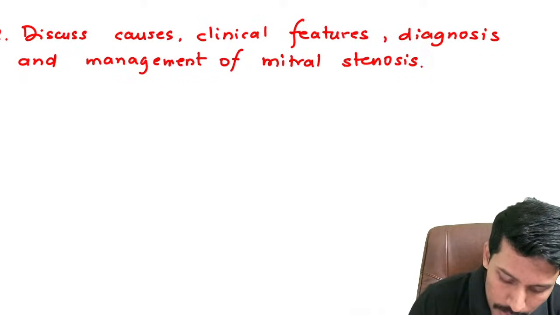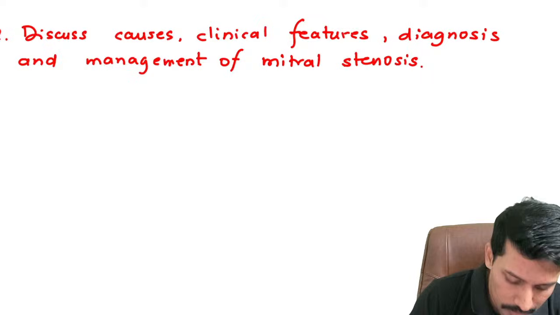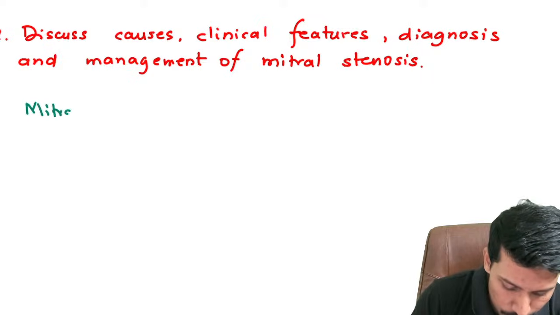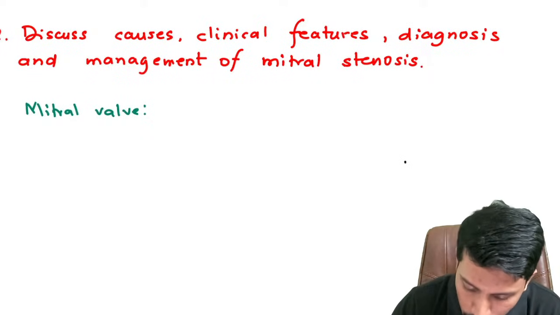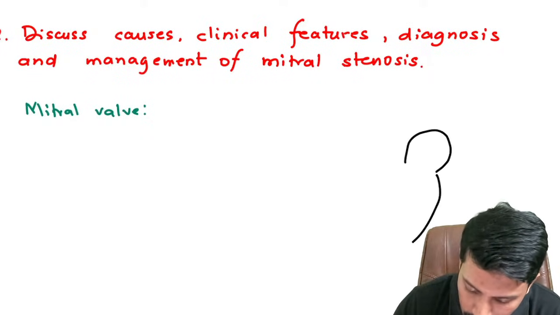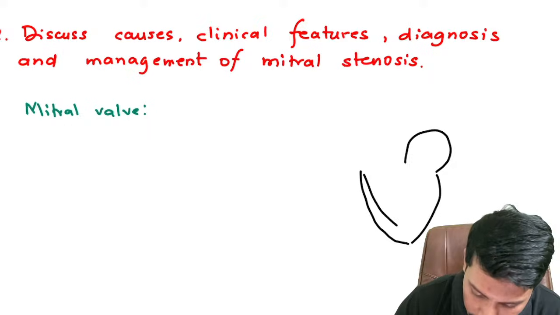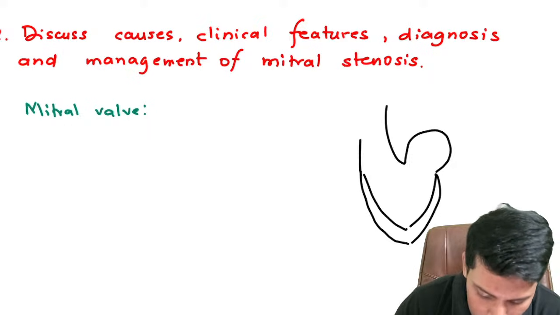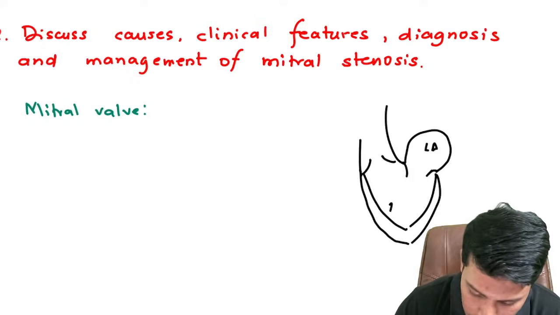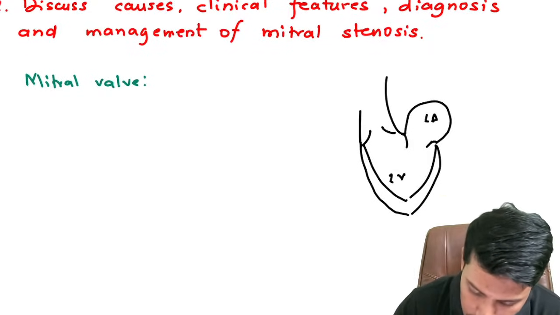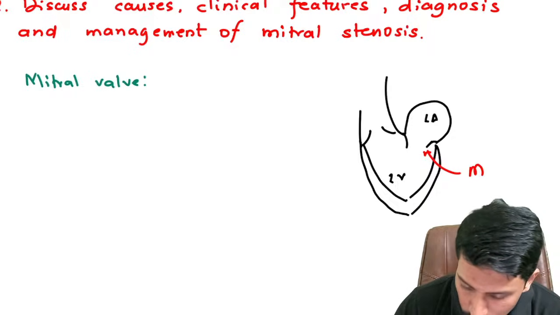So if I have to talk about mitral stenosis, we will begin with the mitral valve. Few points about mitral valve. As you know, the mitral valve is the valve guarding the left ventricle and left atria. It is between left ventricle and left atria. If this is my left atrium, this is left ventricle, this valve is the mitral valve.